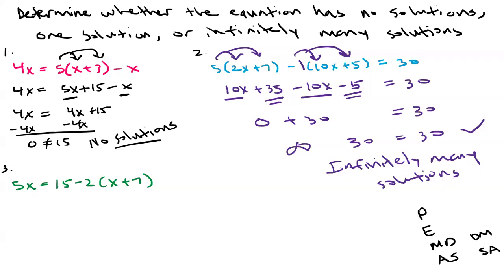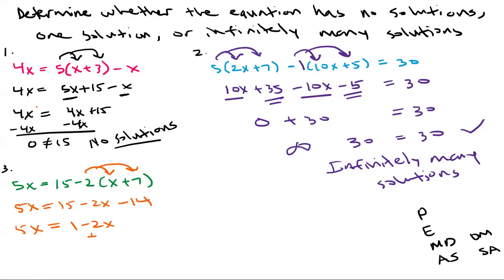For the last one here, again we want to focus on the parentheses. We can't simplify that any further, so we need to distribute the -2 to each term there. We get equals 15 minus 2x minus 14, and then 5x on the left side. Then we're going to combine like terms on the right. 15 minus 14 gives me 1 minus 2x.